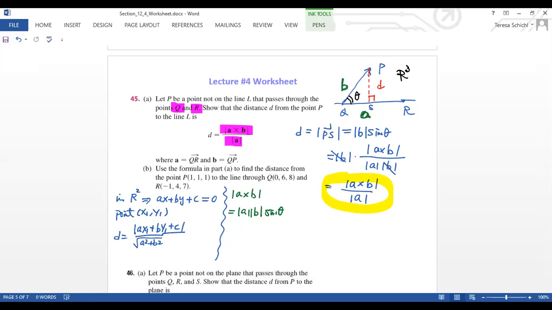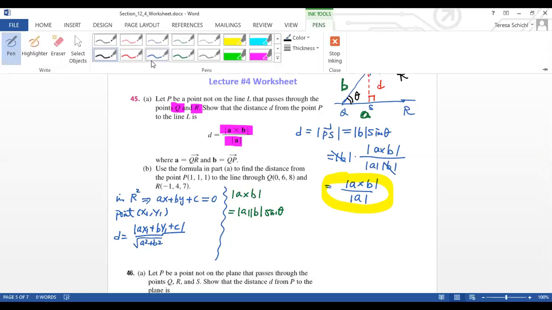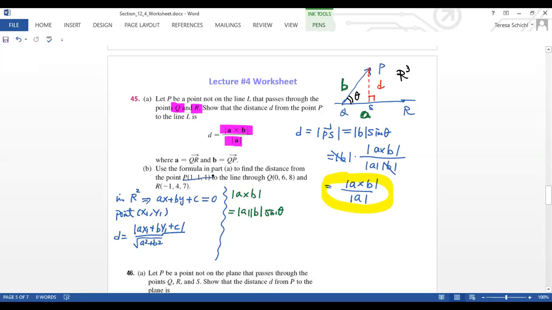Okay, so that's how we get the distance here. For part B, let's use the formula in part A to find the distance from the point (1, 1, 1) to the line that goes through Q and R. We can say A is QR, just like we did in this graph. So A is QR and is equal to (-1, -2, -1).